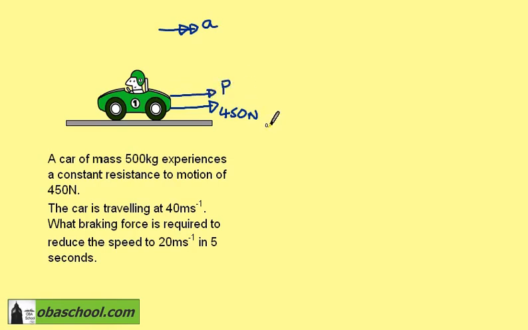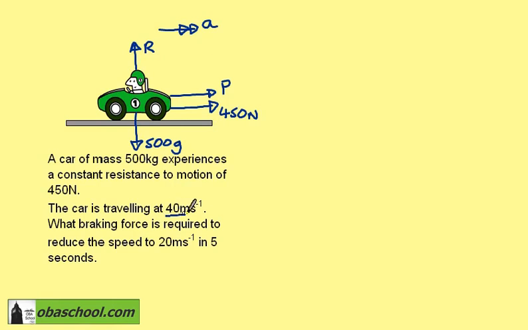We'll call it P. The weight of the car acts downwards, and there is a normal reaction force. These forces must be in equilibrium since the acceleration is purely horizontal.